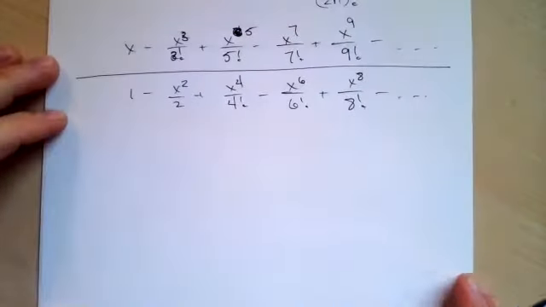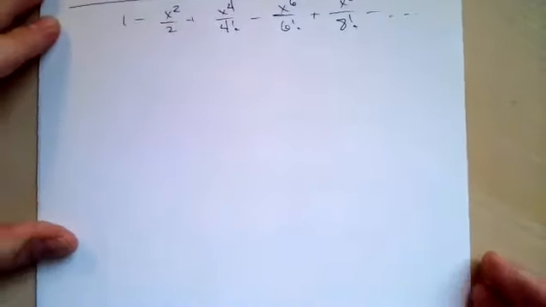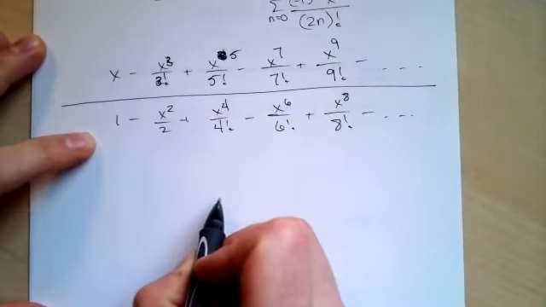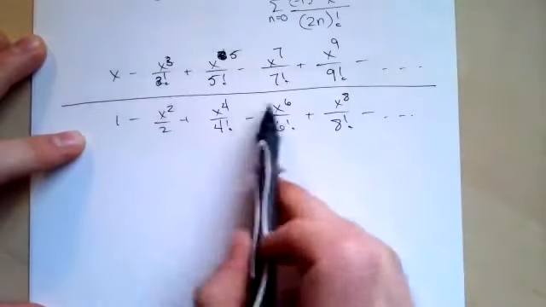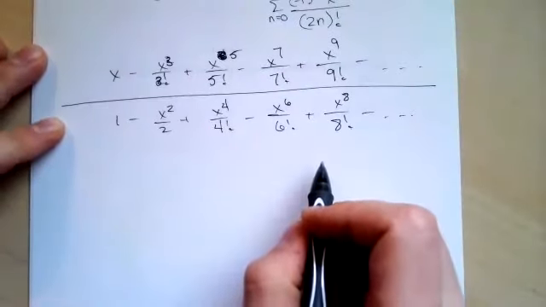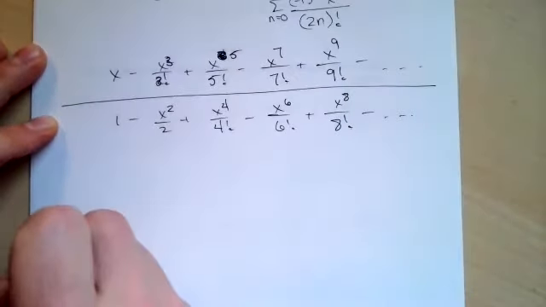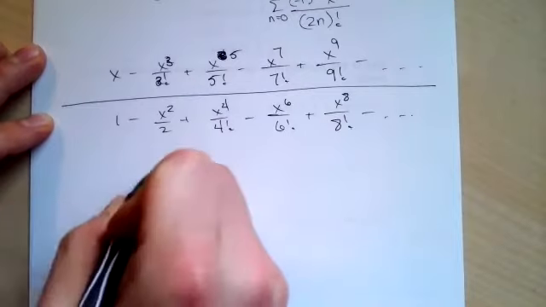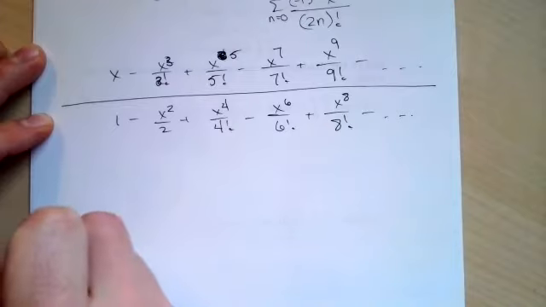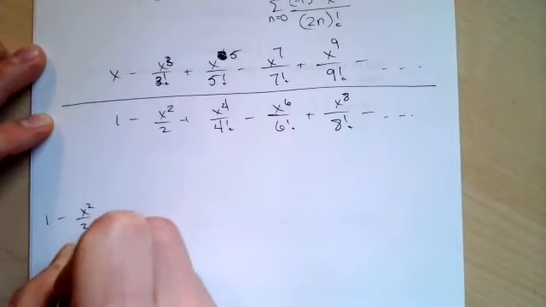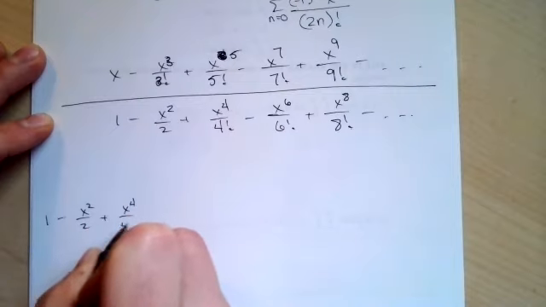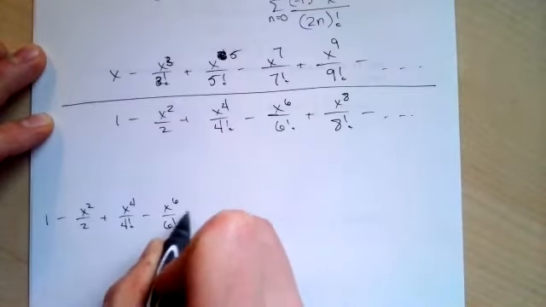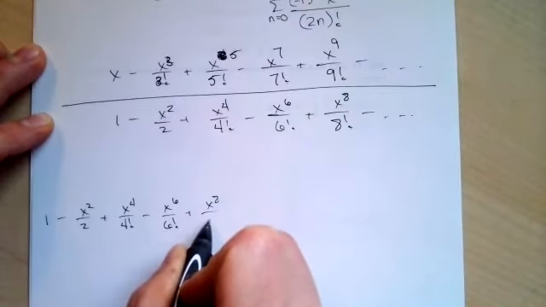So how do we do that? Well, we get a lot of space on our paper, and we need to take the numerator divided by the denominator. So we want to see how many times the denominator goes into the numerator. We are going to write our denominator on the outside. So let's see, where do we want to space this? This should be enough. Let's write 1 minus x squared over 2 plus x to the 4th over 4 factorial minus x to the 6th over 6 factorial plus x to the 8th over 8 factorial.